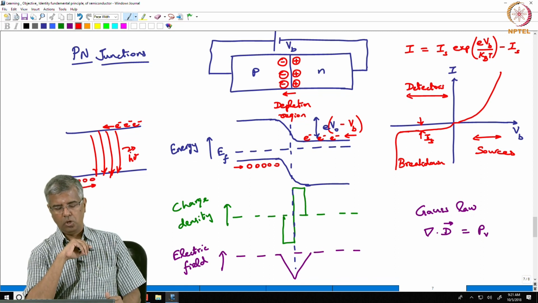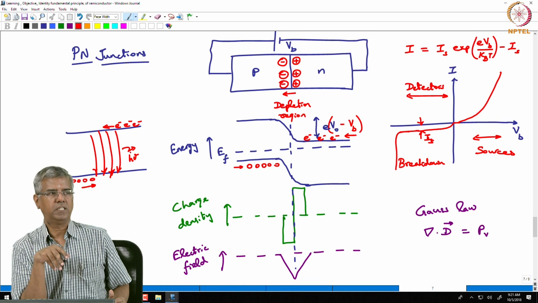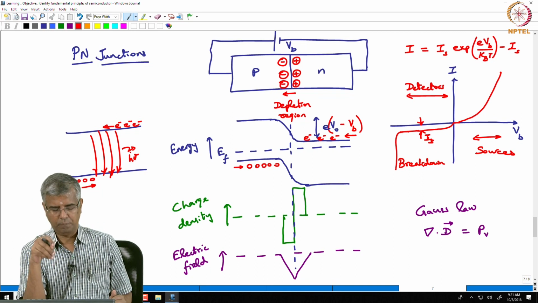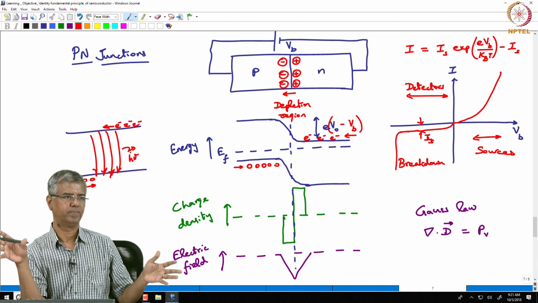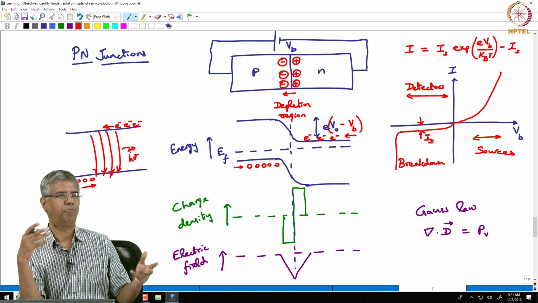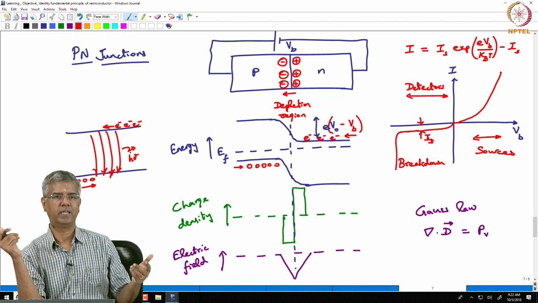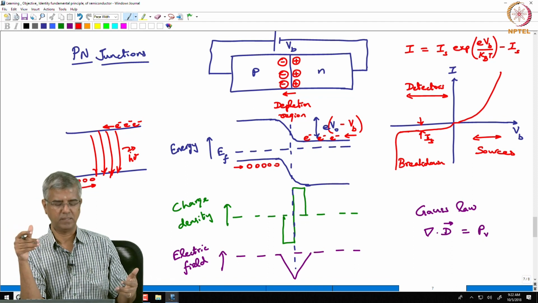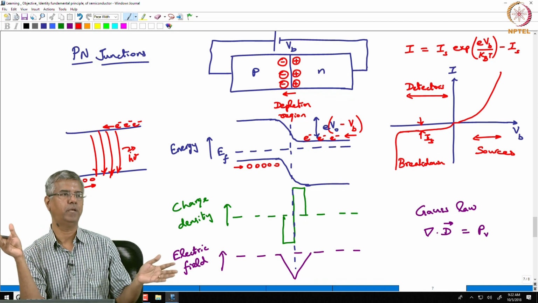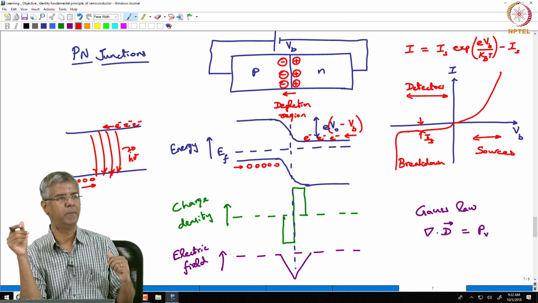Okay. But in this picture, the problem is that recombination can happen anywhere. There is no confinement of these carriers, and once the recombination happens, the light can be essentially emitted anywhere.